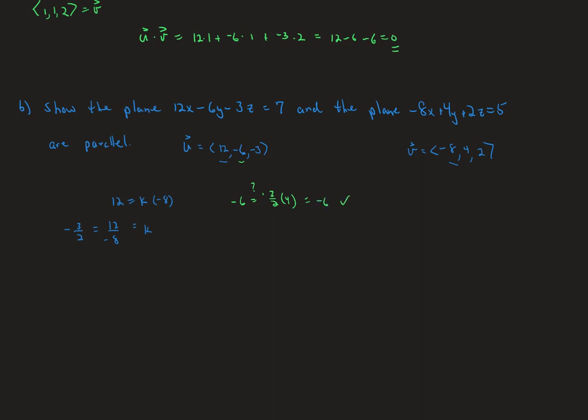And then the question is, is negative 3 equal to negative 3/2 times 2, and indeed it is. And so we have shown that those normal vectors are parallel, and therefore so are the planes. I'll just call them P and Q. All right, very good.